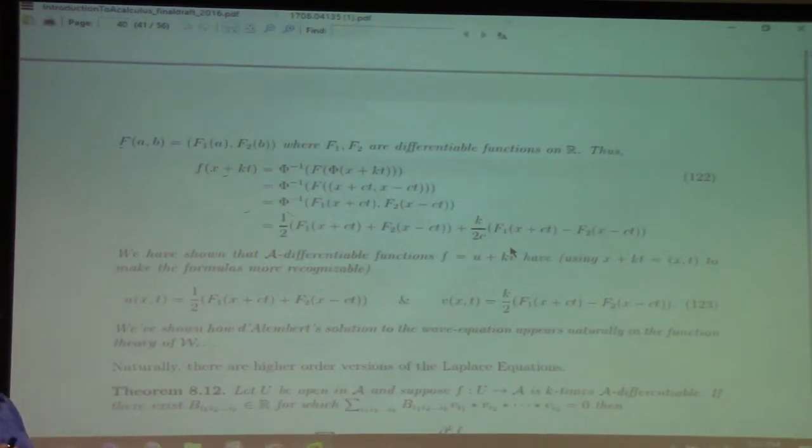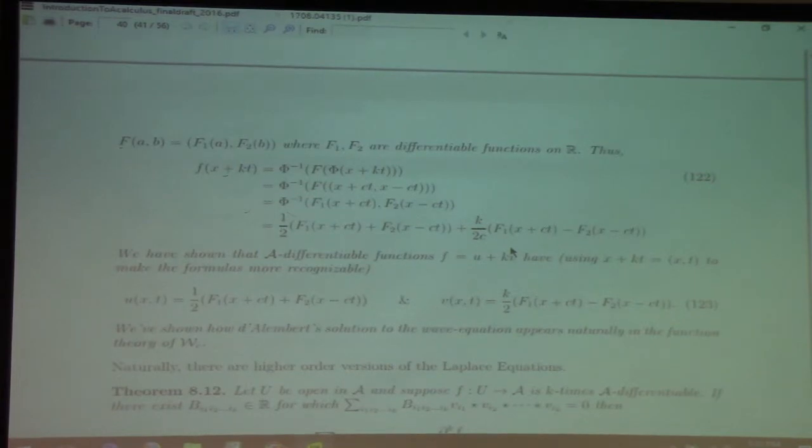Because the R cross R differentiability says it's just a function of the first and second variable separately. Anyway, then you take the inverse map, and you get this. So we get 1/2 F1 of x plus ct, F2 of x minus ct plus k over 2c of that. And so here's your one component function, and here's the other component function.